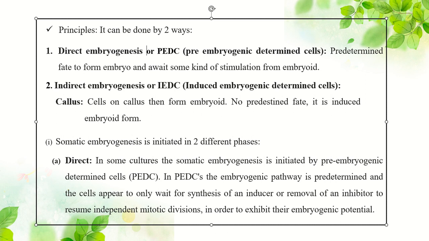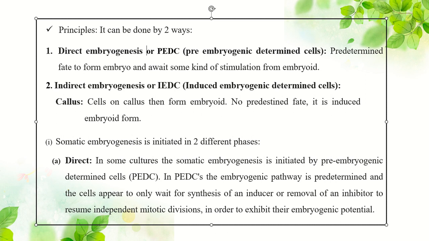Now, direct embryogenesis and indirect embryogenesis. As I said, direct embryogenesis occurs when embryos start directly from the explant, creating identical clones. In other words, without callus formation, the embryo forms from the explant.